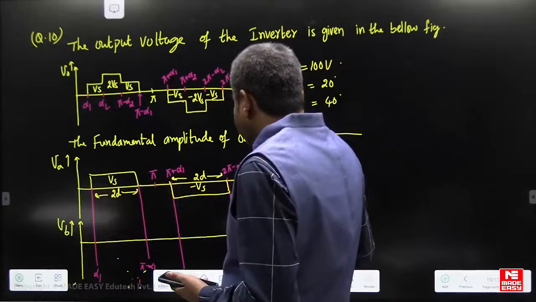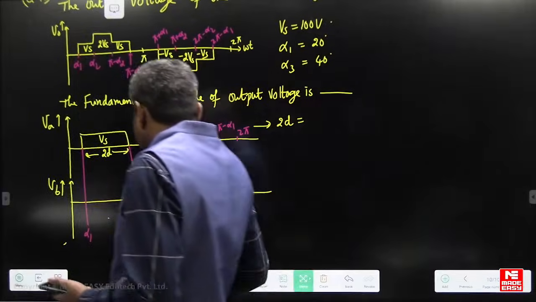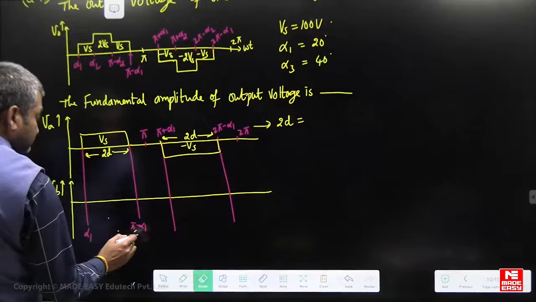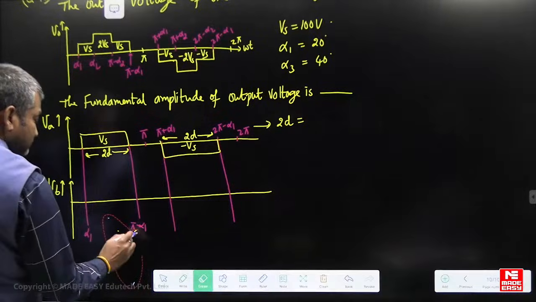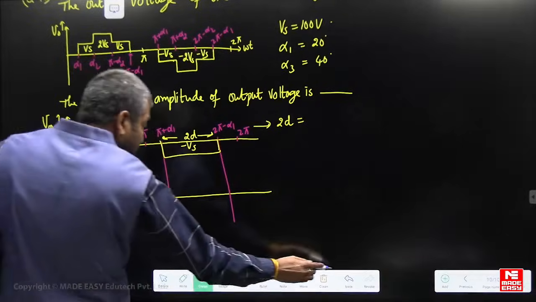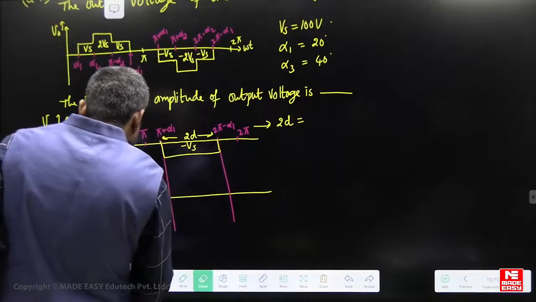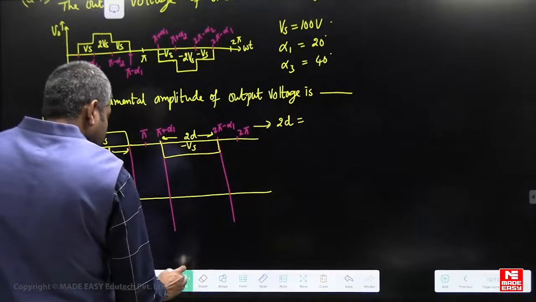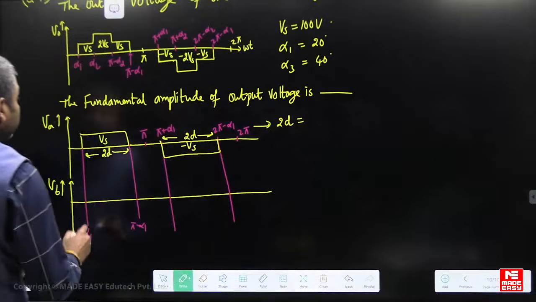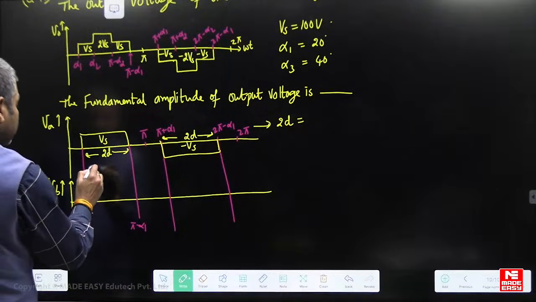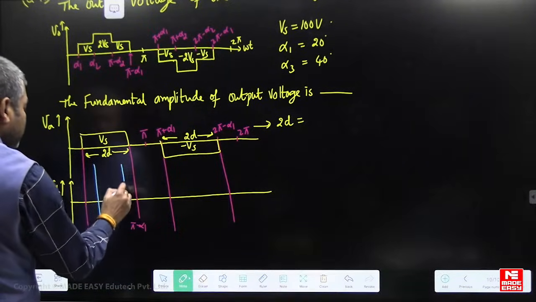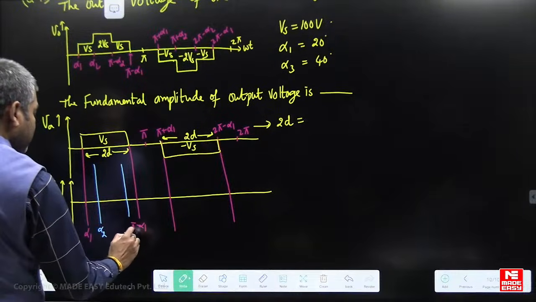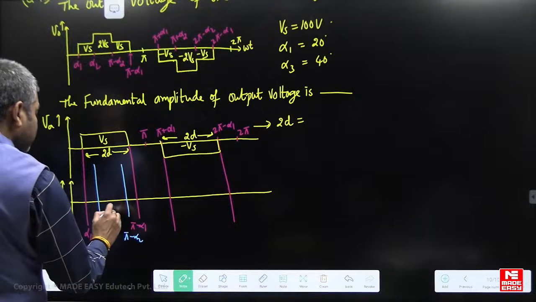Before going to that, between alpha 2 and pi minus alpha 2, the pulse width is 2d.